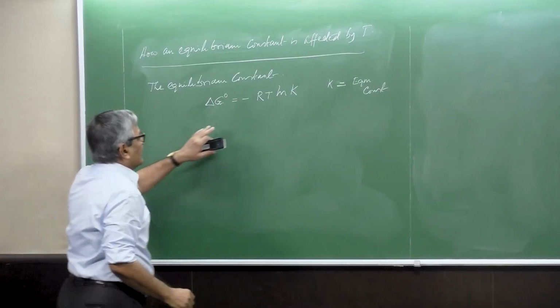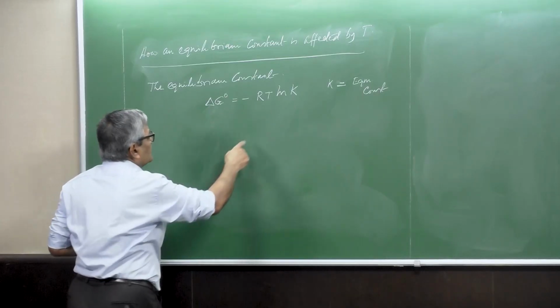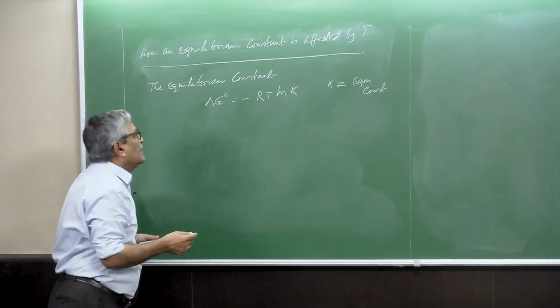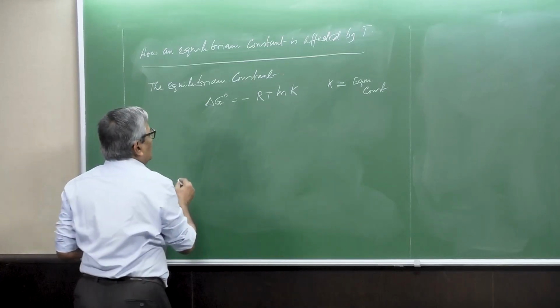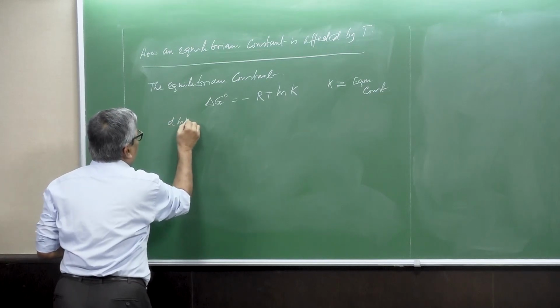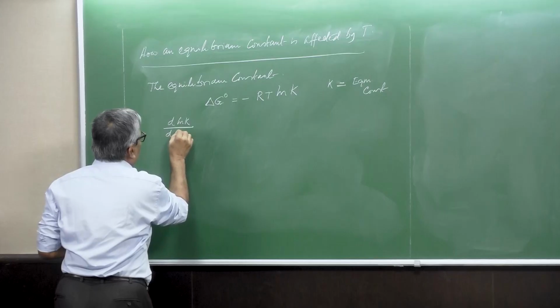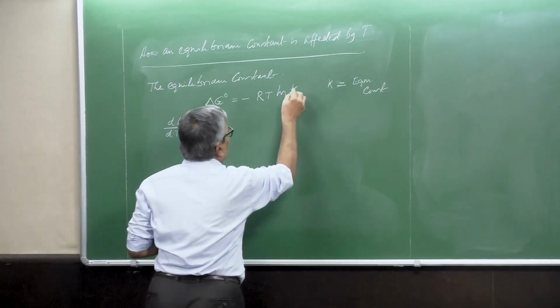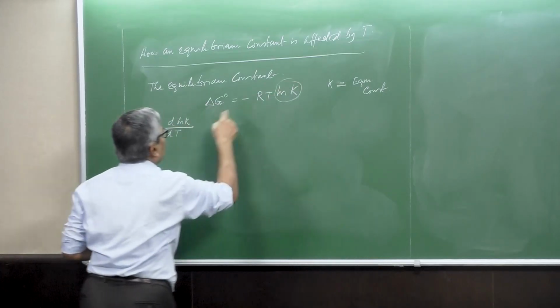How does this temperature affect this reaction? So if I write what is d ln K dT, that is my question. So d ln K, how it is changing with temperature.